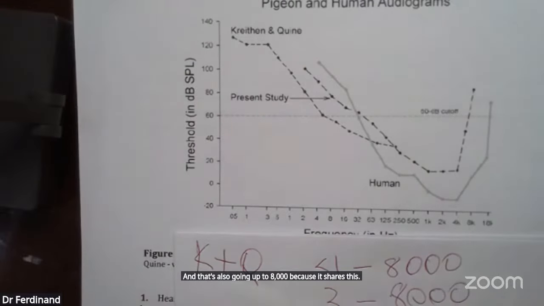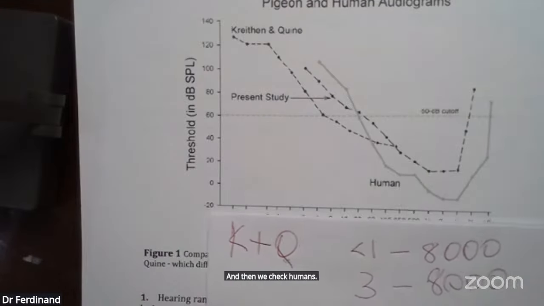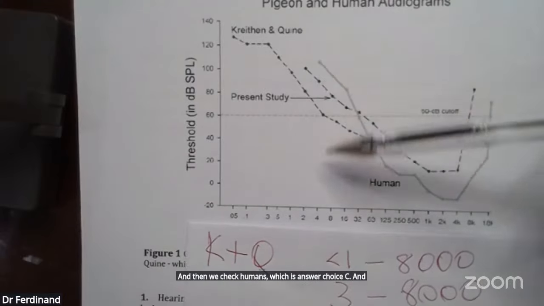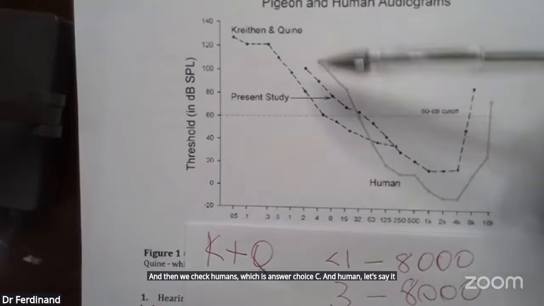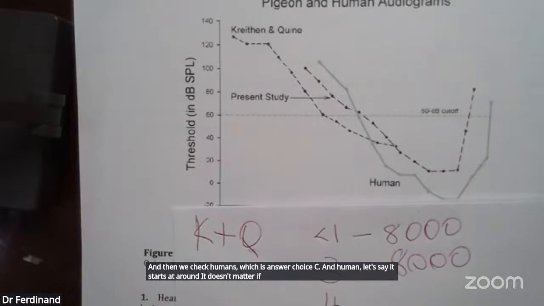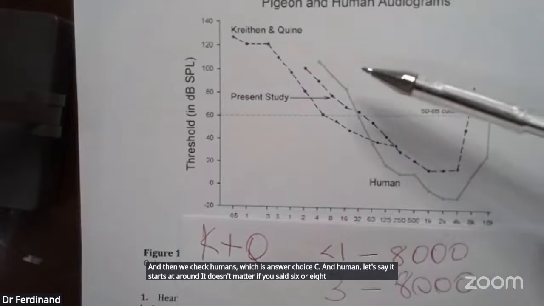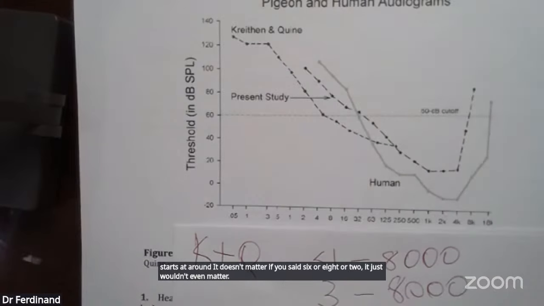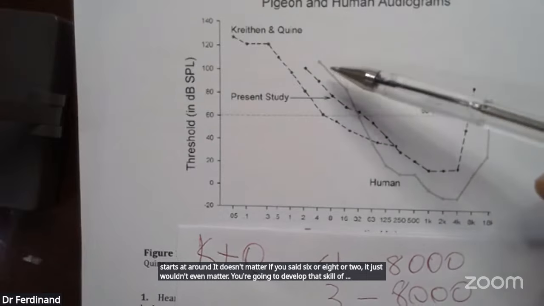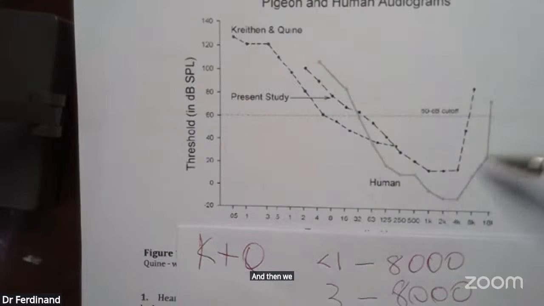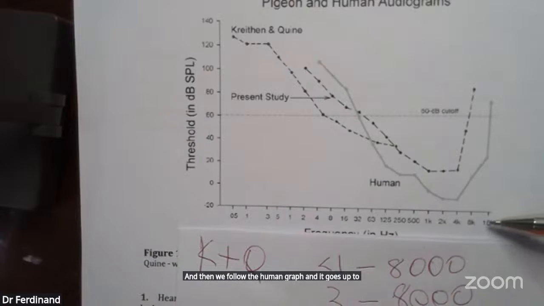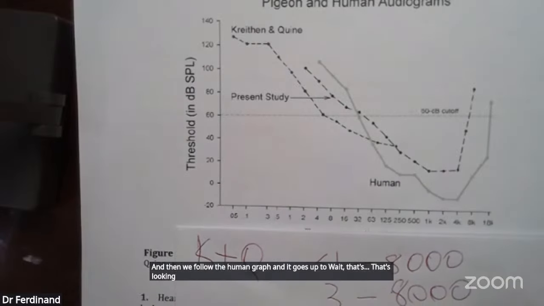And then we check humans, which is answer choice C. And human, let's say it starts at around 4. Okay, it doesn't matter if you said 6 or 8 or 2, it just wouldn't even matter. You're going to develop that skill of approximating during the real exam. And then we follow the human graph, and it goes up to, wait, that's looking like 18K.